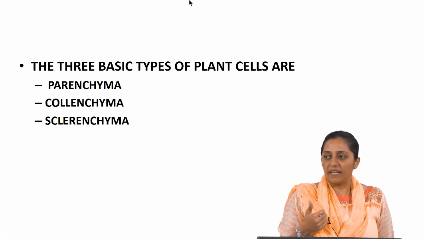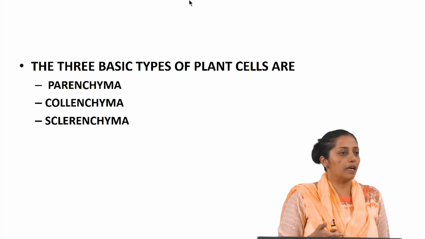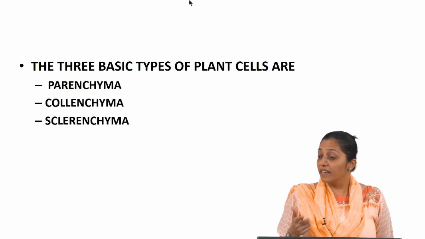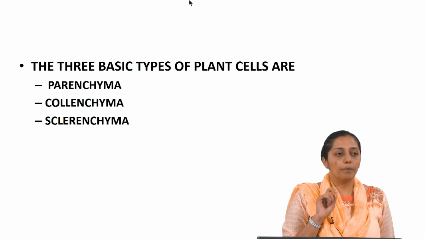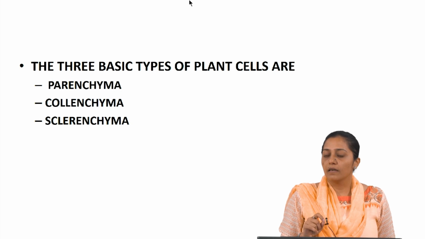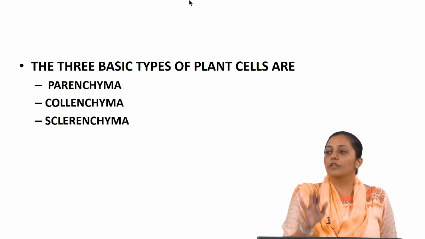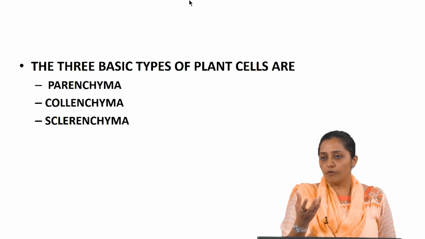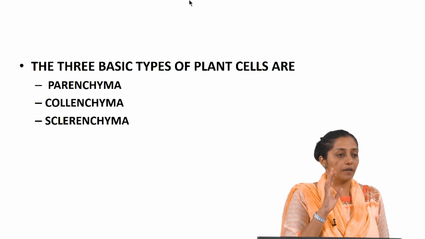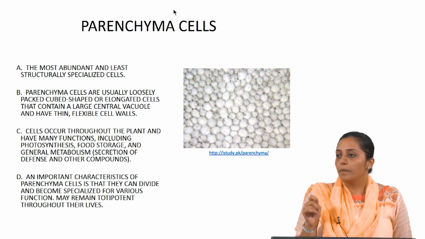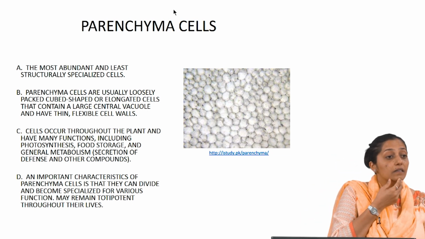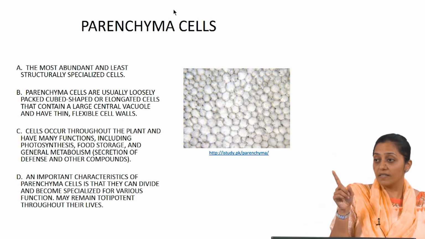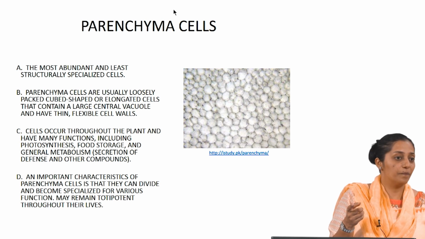Now there are three different kinds of plant cells. One is parenchyma, then sclerenchyma and collenchyma. Now talking about parenchyma cells, they are the majority of cells present in the plant. They form the mass of the cells of the plant. Parenchyma cells are those totipotent cells which we keep referring to.